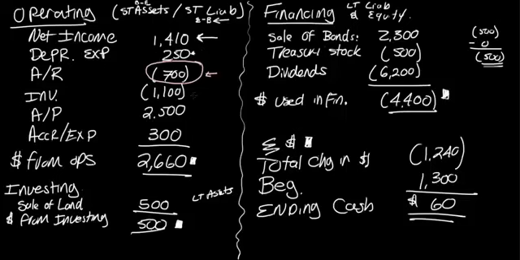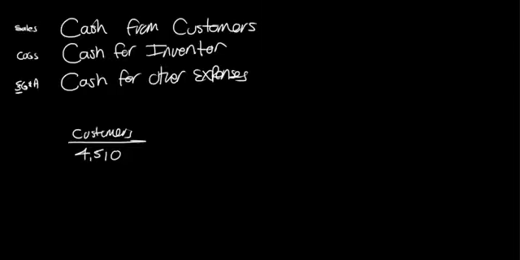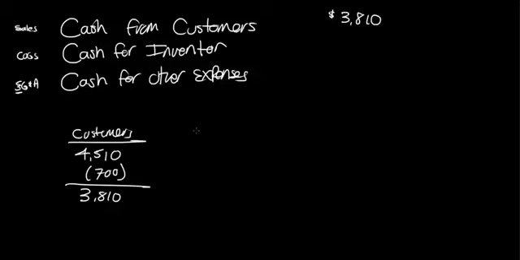The inventory is also part of the cost of goods sold. And these two numbers are going to be part of our other expenses. So this is the only item I need to pick up. Okay, let me flip back to the other page. That's a negative 700. So if I put the negative 700 in here, I get a total of 3,810. So I can put that right here, 3,810. That's my cash received from customers.